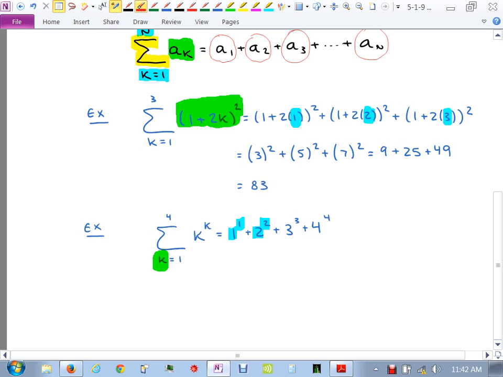There's another type of, not summation, but there's another type of thing like this. I don't know if you've ever seen this. Does anyone know what that is? That's a capital pi. So that's capital S, Greek, right? That's capital pi. That's the same as sigma notation, but instead of adding, what do you think it is?